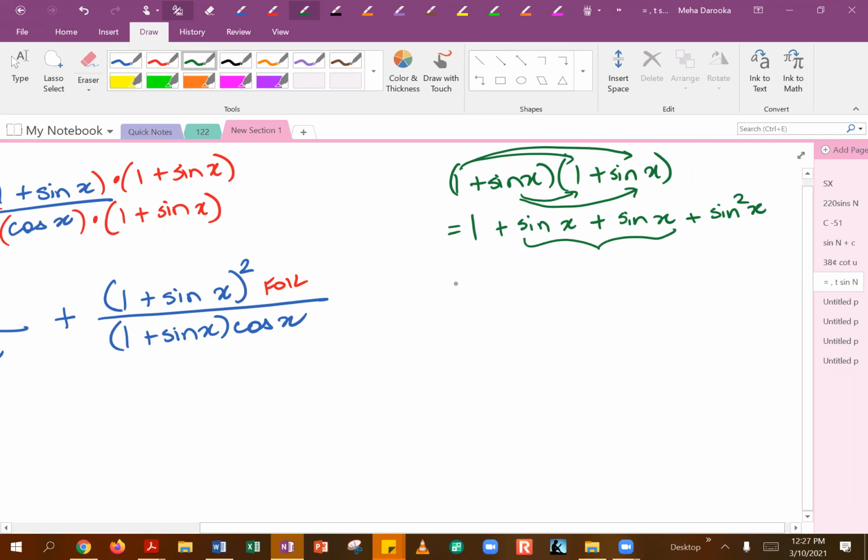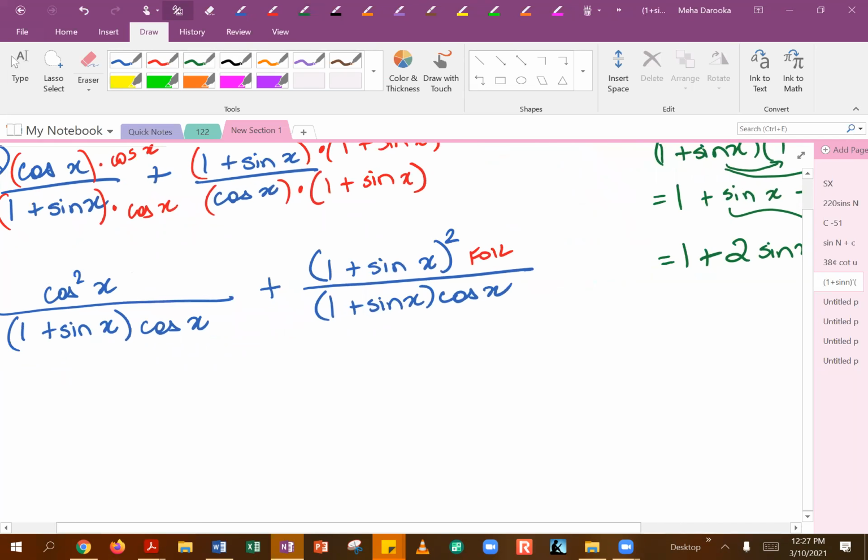Then combine your two middle terms. So sine plus sine, it's kind of like x plus x, which gives you 2x. So that would be the same thing here, this would be 2 sine of x. And then of course we've got our sine squared at the end. So FOIL that.